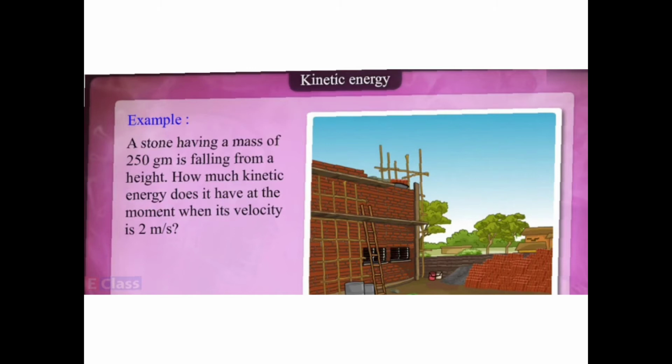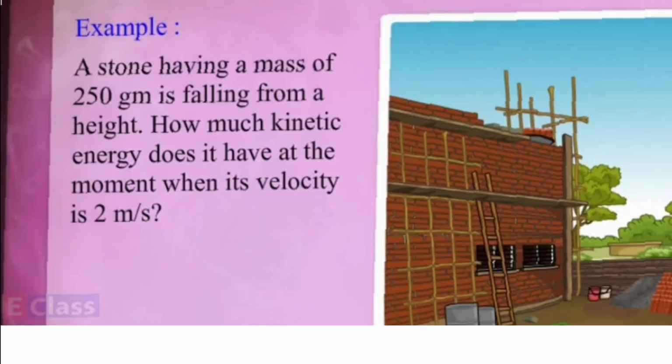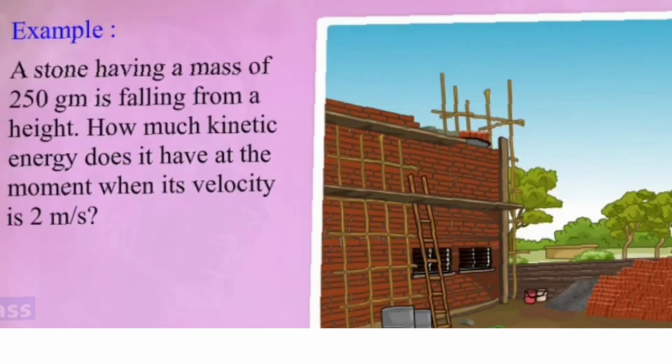A stone having a mass of 250 grams is falling from a height. How much kinetic energy does it have at the moment when its velocity is 2 meter per second? Now let us understand this. Here there was a stone. What was the mass of the stone? It was 250 grams and it was allowed to fall.